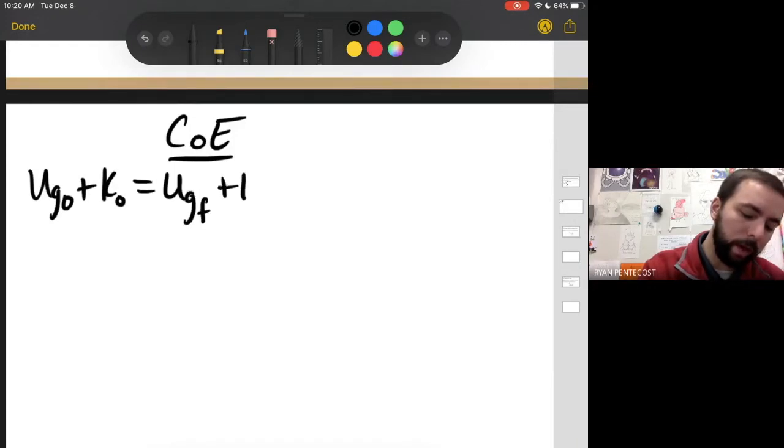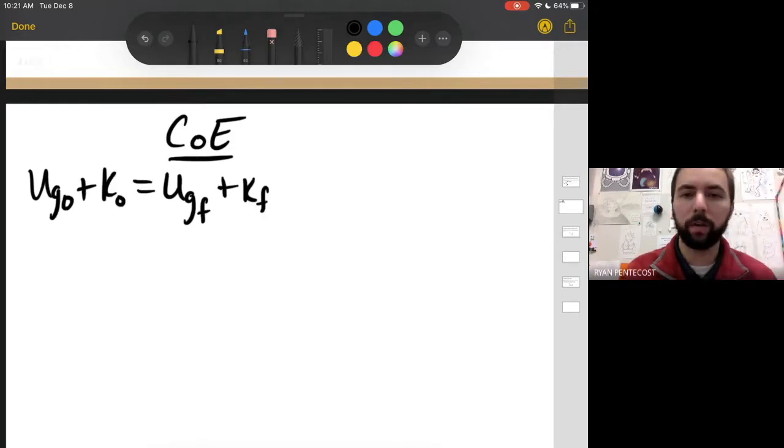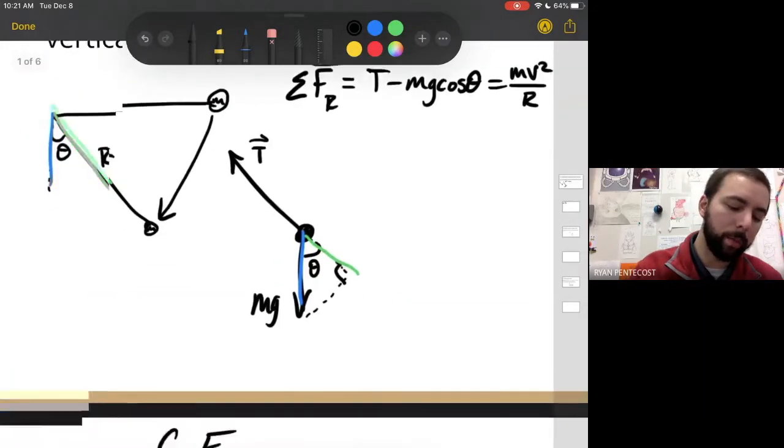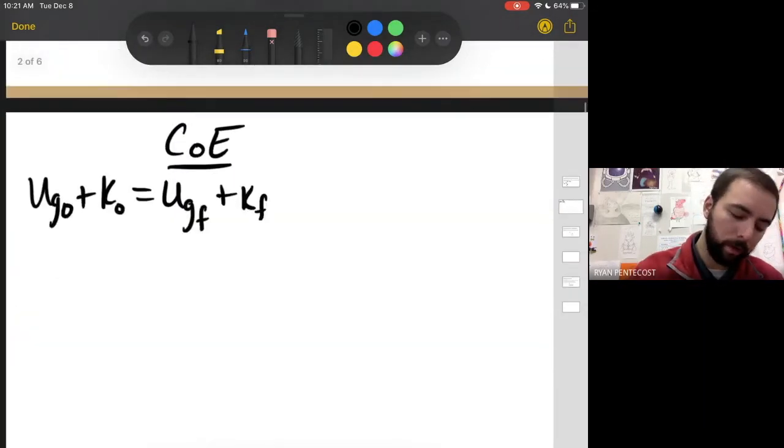So we have potential gravitational energy, and we have kinetic energy. No friction, no springs, that's all we've got, right? It's just a bob dropping on a line in an arc. So it is dropped from rest, that is established. So that's rest.